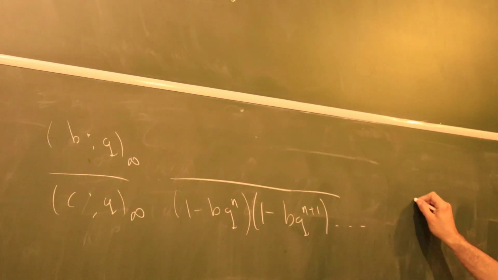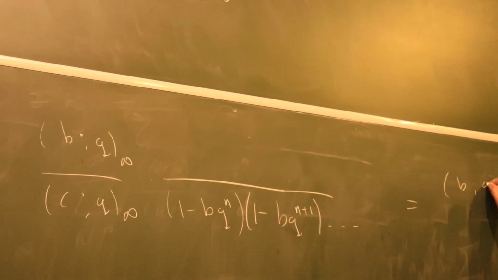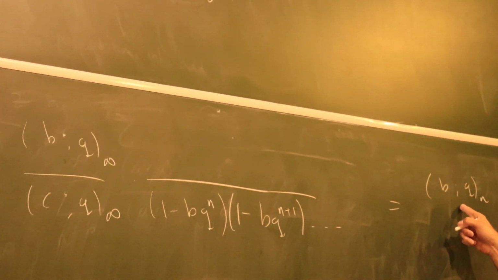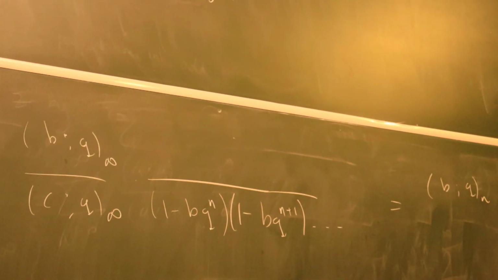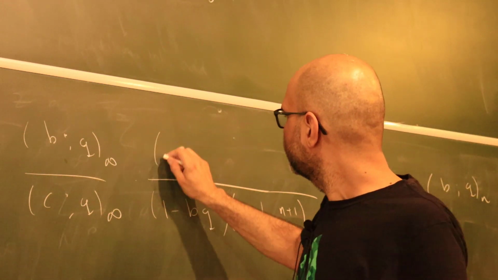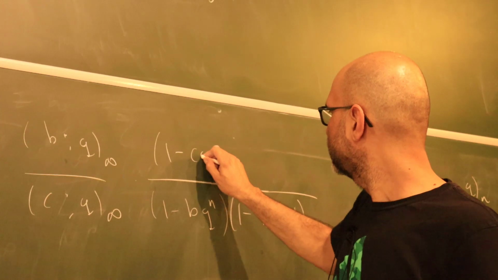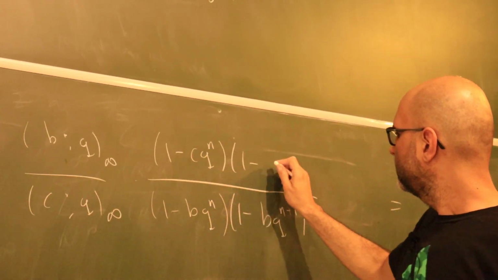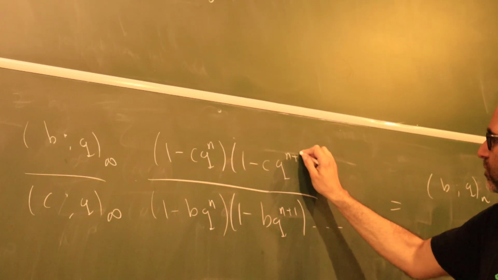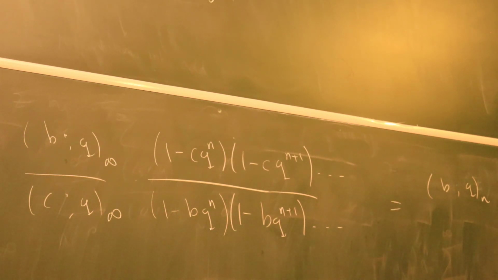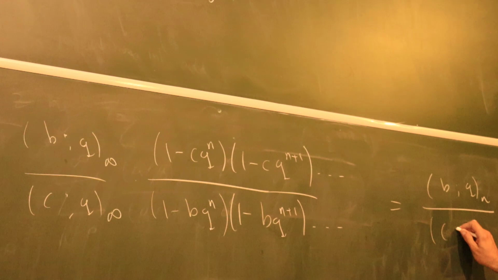Make the simplification between the 2, and you'll be left with this finite product. Do the same for c. Supply and take away the missing factors, 1 minus cq to the n, 1 minus cq to the n plus 1, and so on. Perform the simplification, (c; q) sub n.